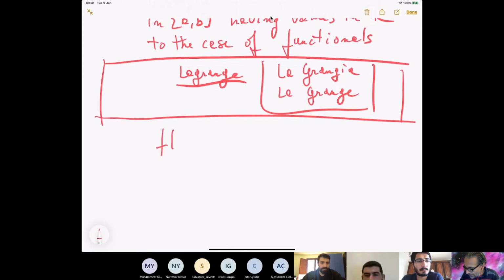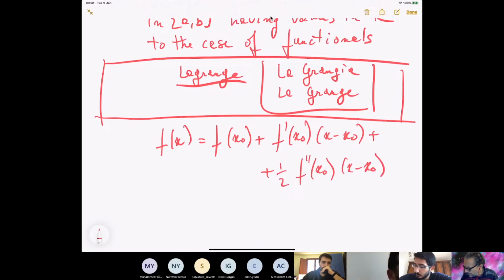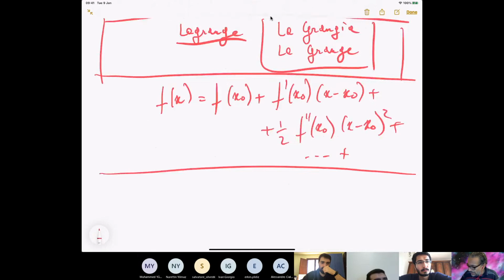You know that every function can be written with a Taylor expansion, which has this form, and I have truncated it at the second order. Okay? So this is the Taylor expansion.